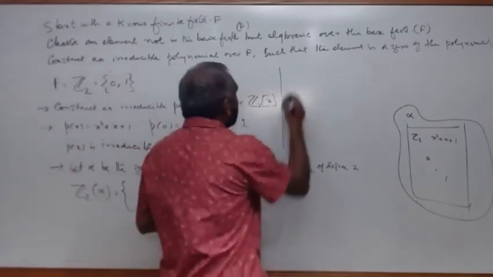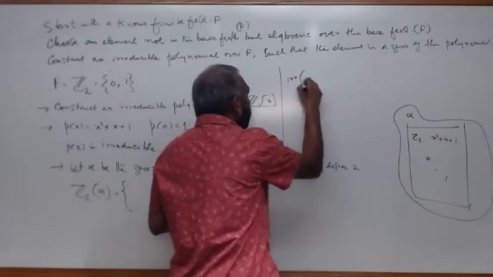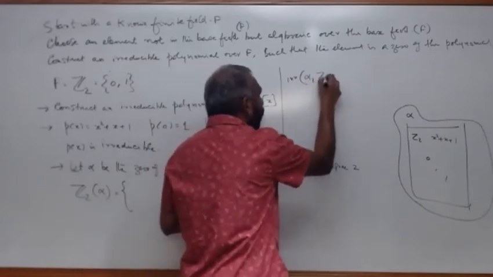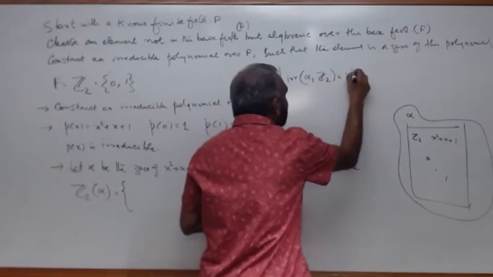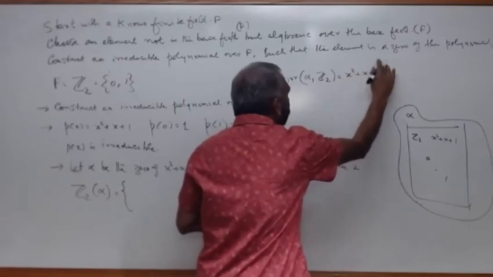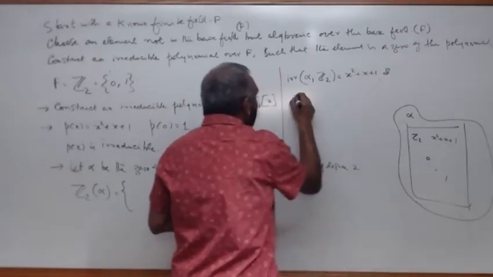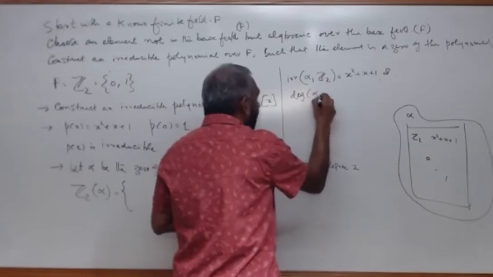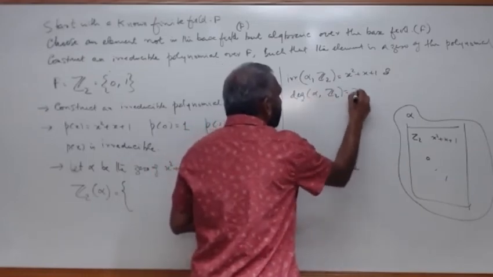In other words, the irreducible polynomial of alpha over Z2 is x square plus x plus 1, and the degree of Z2(alpha) over Z2 is equal to 2.